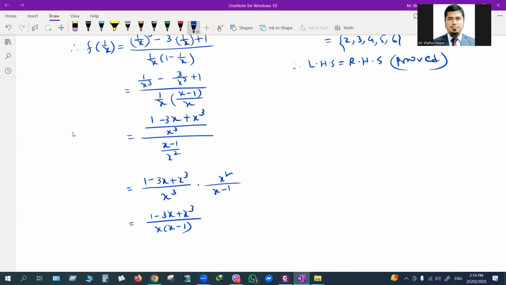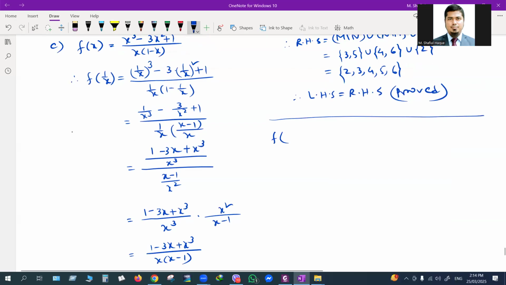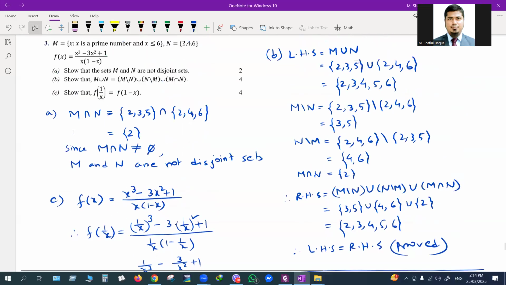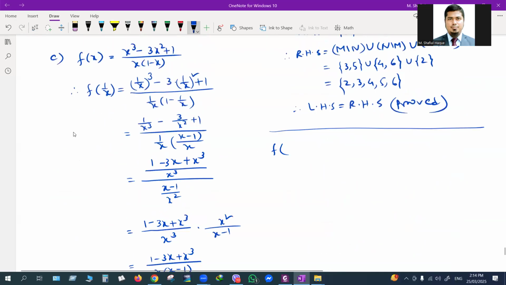Now we will find another part, f of 1 minus x. All x's will be replaced by 1 minus x: 1 minus x whole cube minus 3 into 1 minus x whole square plus 1.